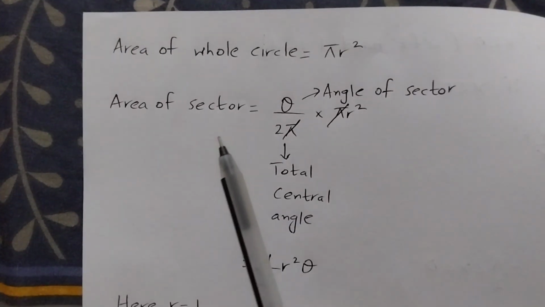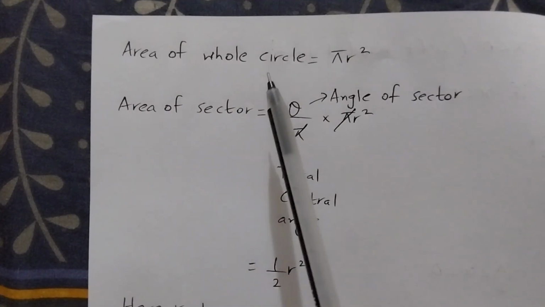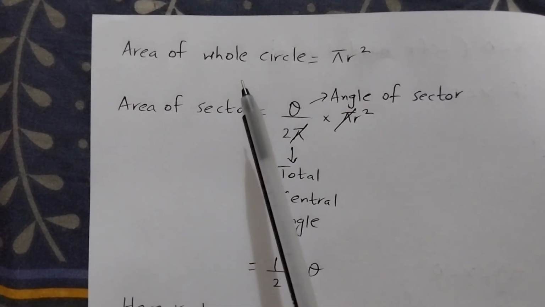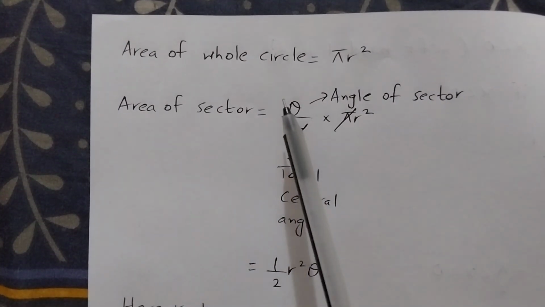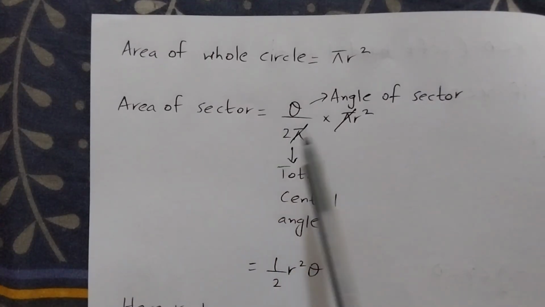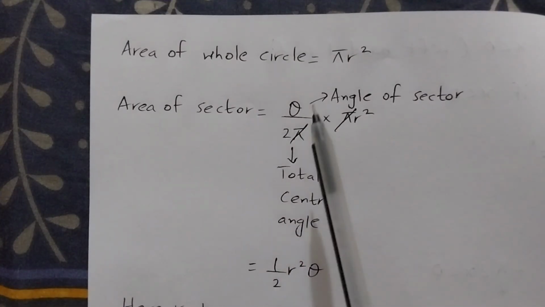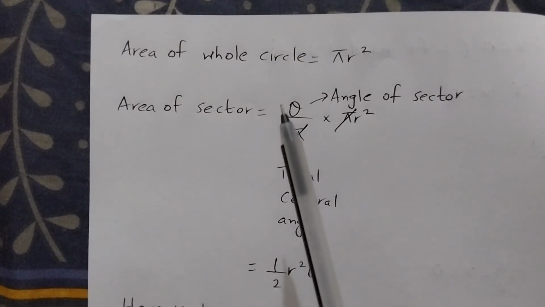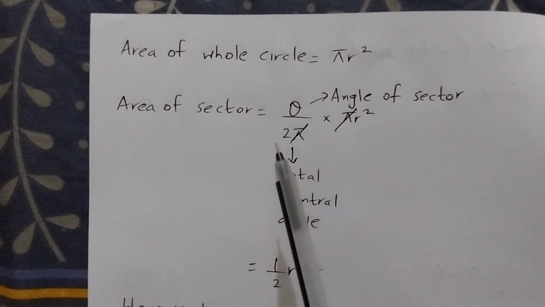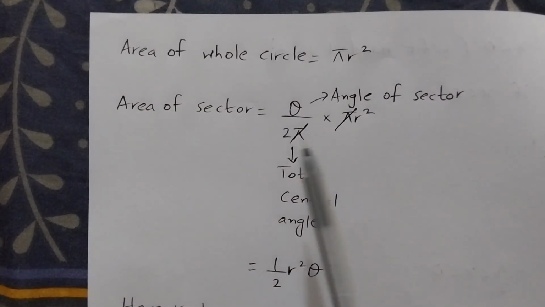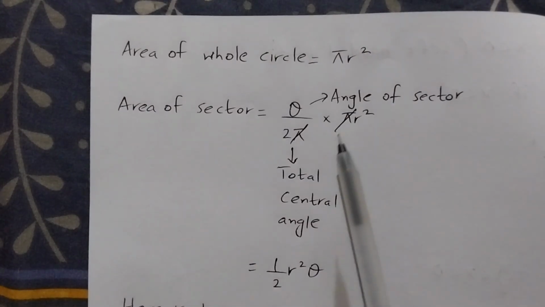So we are interested in finding the formula for the area of a sector, and firstly for that we must know the area of the whole circle. So area of whole circle is equal to pi r square, and we are interested in the area of the sector. So that will be the angle divided by the total angle of the circle into the area of the circle. The sector in which we are interested has the angle theta, and the total central angle of the circle is 2 pi, and the area of the circle is pi r square.